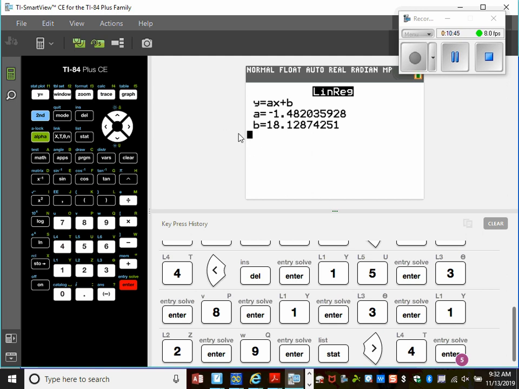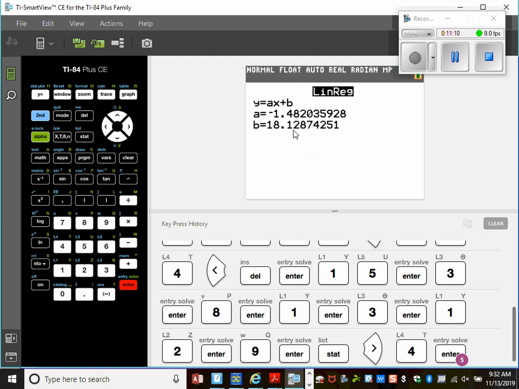Okay, so now what you're going to do is go back to your notes and see where it says line of best fit. You're going to write in y equals negative 1.48x plus 18.13, because we're just going to round them to the hundredths place.